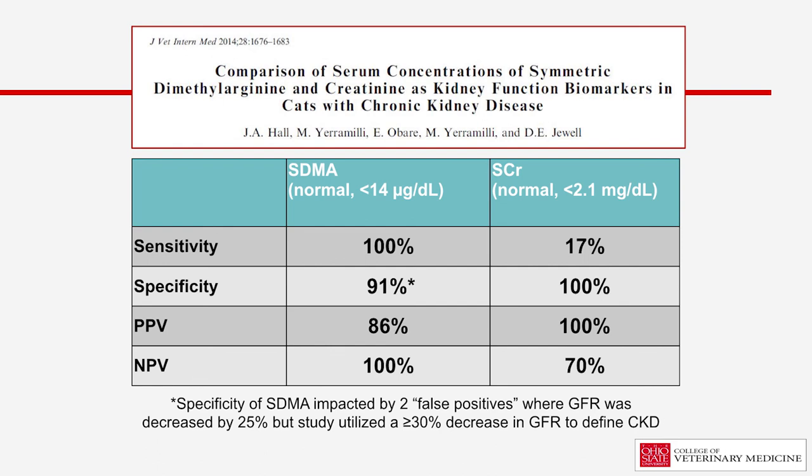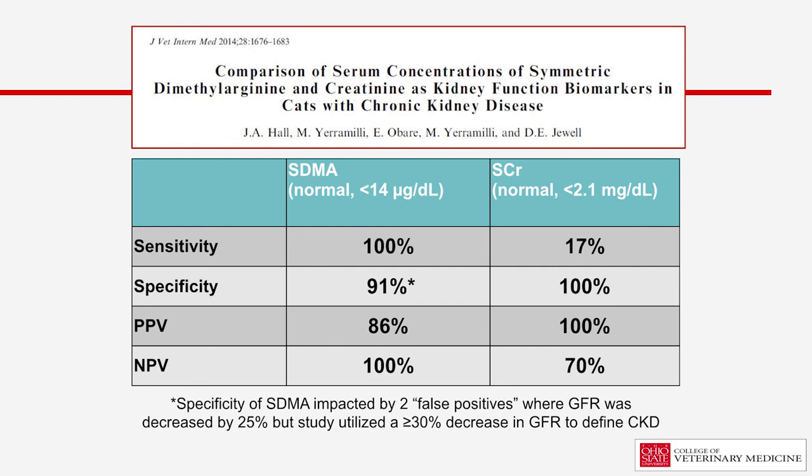But how do we know they were false positives? They could have been cats that actually did have the beginnings of progressive renal disease, but because of the way she defined CKD versus non-CKD, they were considered false positives. Does that make sense? So all I'm saying is the specificity of SDMA in this study was at least 91%. It might have been more depending on those 2 cats, whether they were truly false positives or whether they were true positives.